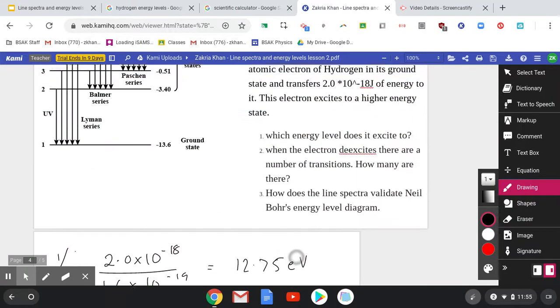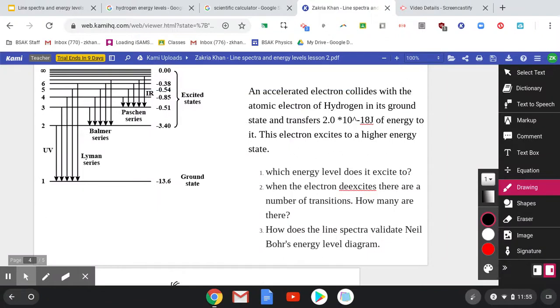Now the second question is, when the electron de-excites from the fourth level, there are a number of transitions. So it could jump from 4 to 3, 4 directly to 2, and 4 directly to 1. That's 3 possible transitions.